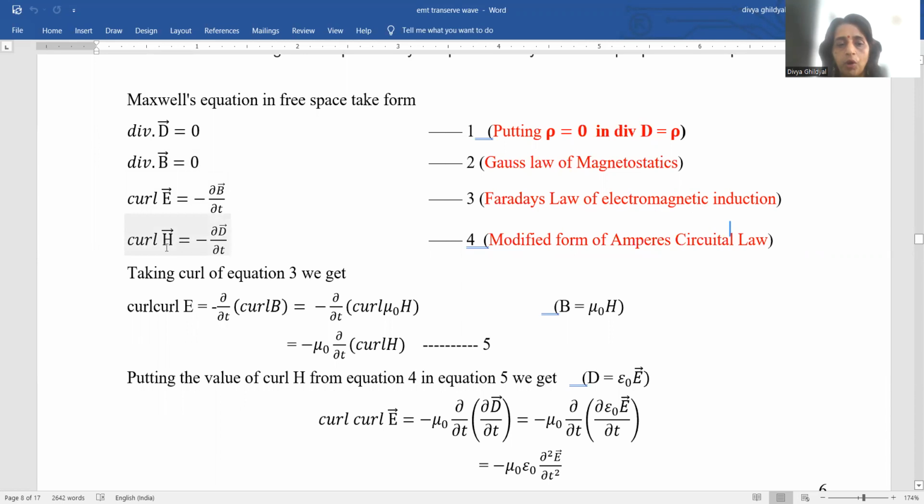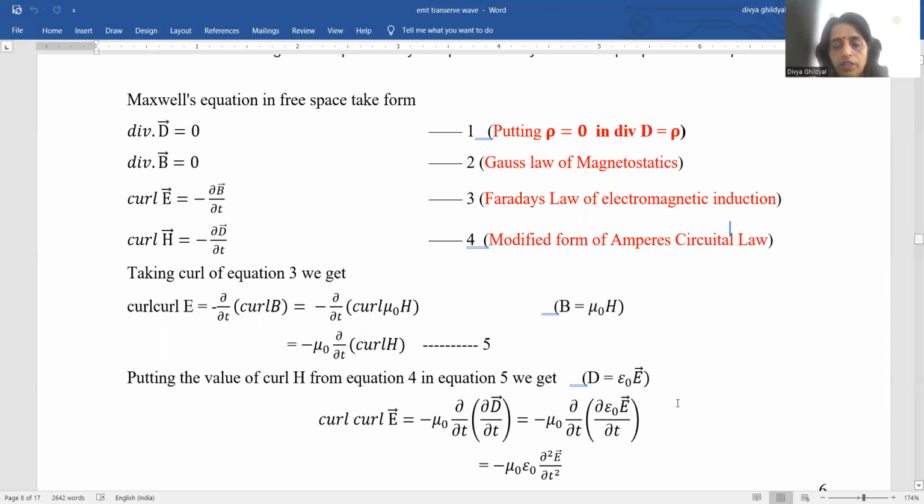and our modified form of Ampere's circuital law, in which in Maxwell's form it was curl H equal to J plus del D by del t. Now we have put J equal to 0. Now, how are we going to find out the expression? Students, this is a very lengthy mathematical derivation.